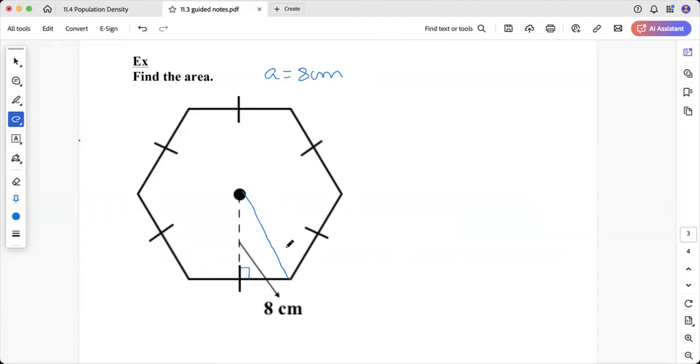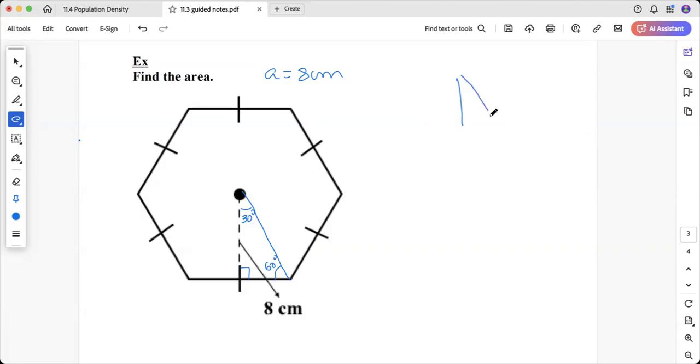Because it's a hexagon, this angle right here is going to be 60 degrees, since 360 divided by 6 gives me 60. And this angle right here is going to be 30 degrees. So this is a 30, 60, 90 triangle.